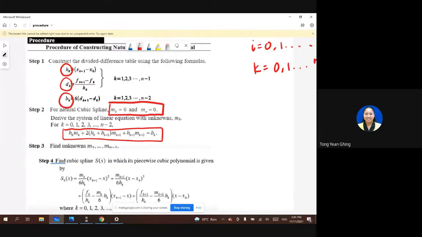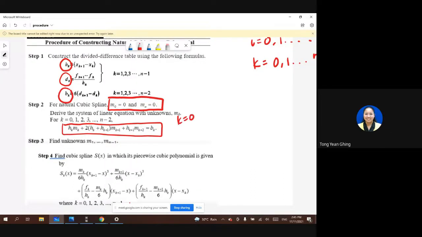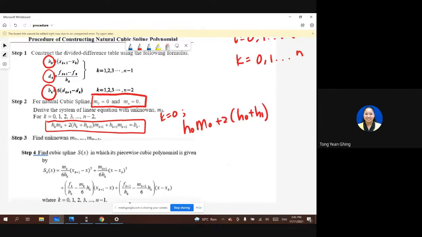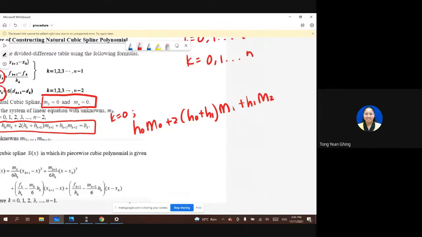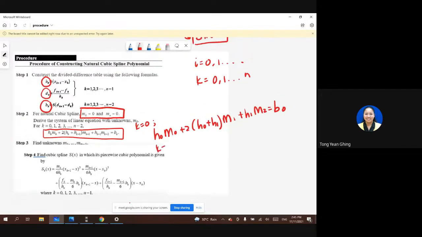Meaning here we will repeat, starting from K equal to 0, substitute like this: H0, M0 plus 2, H0 plus H1. If M K plus 1, let's say K0, that means 1, plus H1, M2 equal to B0, like that we substitute. Then next K equal to 1, K equal to 2, and so on. So it depends on the degree, how many data points we have. Okay.